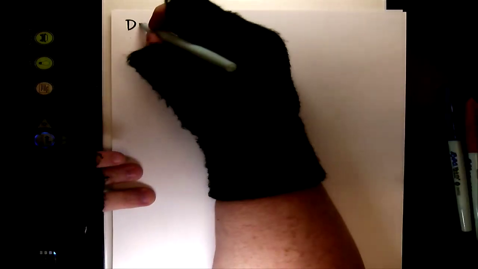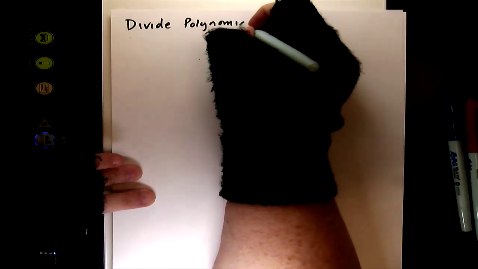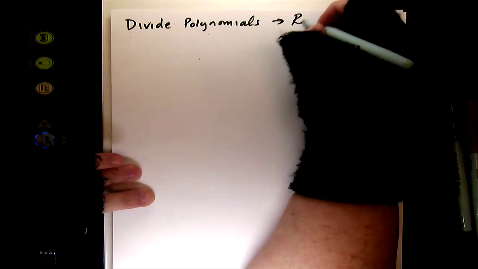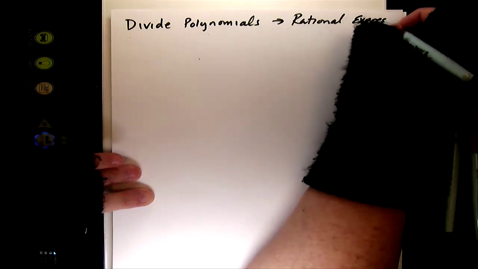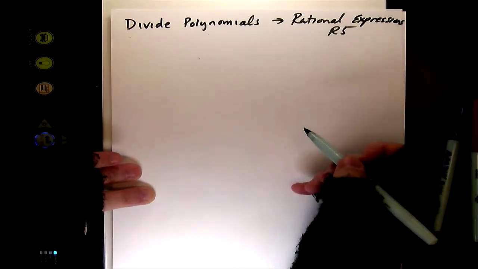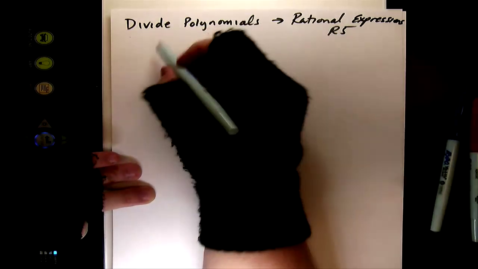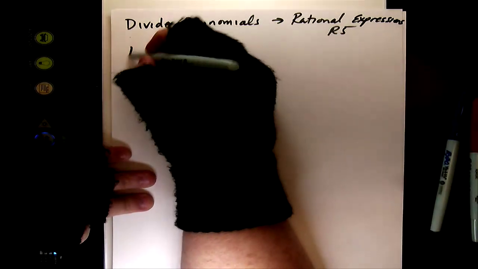When we divide polynomials, that's where we get rational expressions, and that is R5. We're gonna do that in a little bit. So we'll skip dividing for now. Next thing we're gonna do is looking at factoring polynomials.